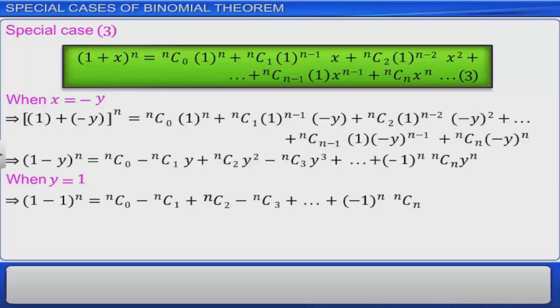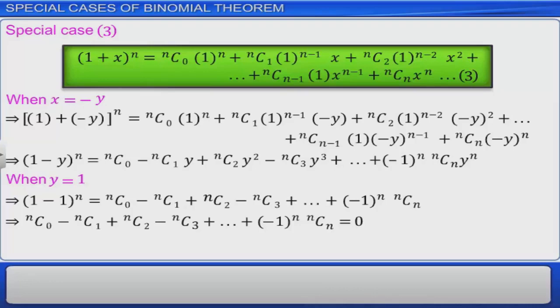nC0 minus nC1 plus nC2 minus nC3 and so on up to minus 1 whole raised to the power n into nCn. nC0 minus nC1 plus nC2 minus nC3 and so on, plus minus 1 raised to the power of n into nCn is equal to 0.